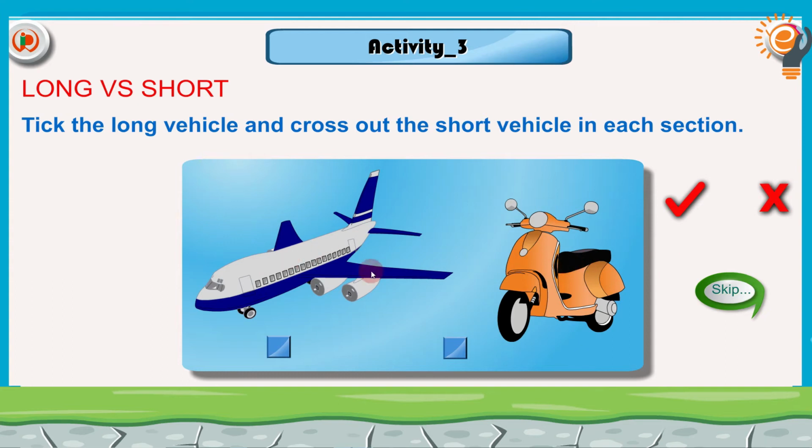So aeroplane is the longer vehicle, so we will put the tick mark here, and the scooter is the shorter vehicle, so we will put the cross mark here. Yes, the longer vehicle has the tick mark, and for the shorter vehicle we have put a cross mark.